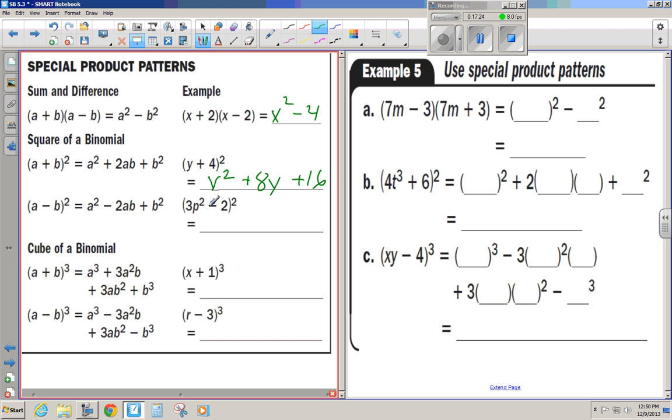So here, square the first, square the last, and double the inside. So it's 2 times a times b. So it's 2 times 3 is 6, times 2 is 12.